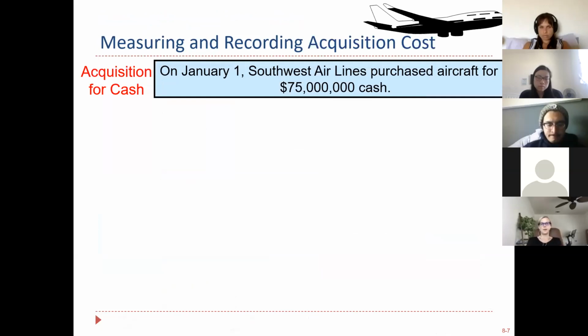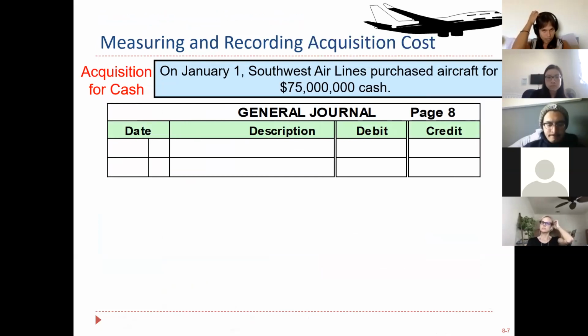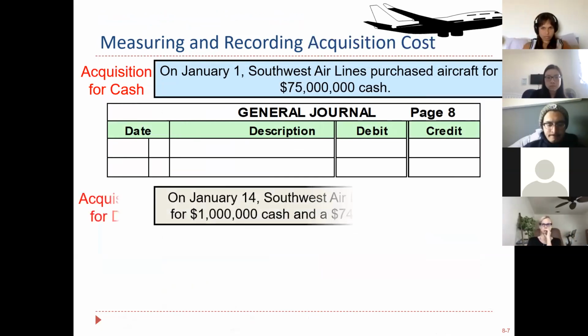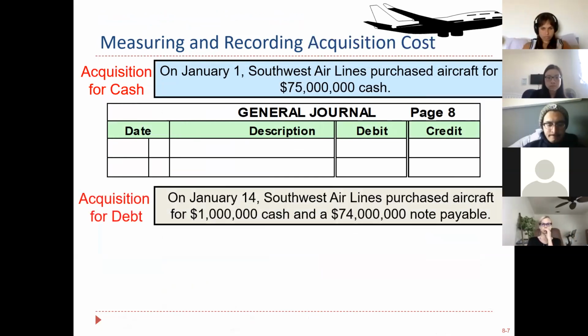On January 1st, Southwest Airlines bought an aircraft for $75 million. So that seems to be a fairly innocuous purchase. Now, what they're going to show you here with the next couple slides is Southwest has various options on how to finance this deal, just like we do.